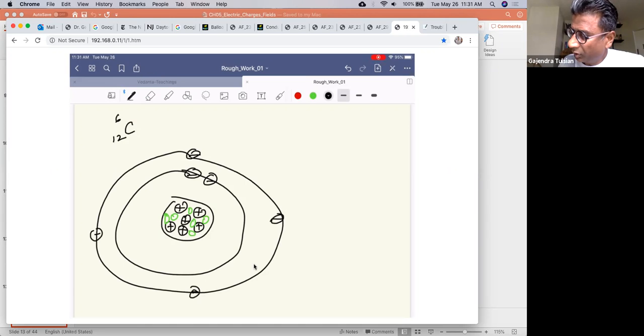Okay. Now the question is the following. So you have these protons, and by the way, the size of this nucleus is about 10 to the minus 15 meters. Okay. So the question is, here are these two protons that are so close to each other, and they're of course repelling each other very strongly.